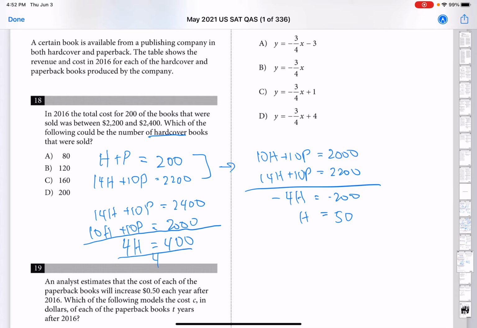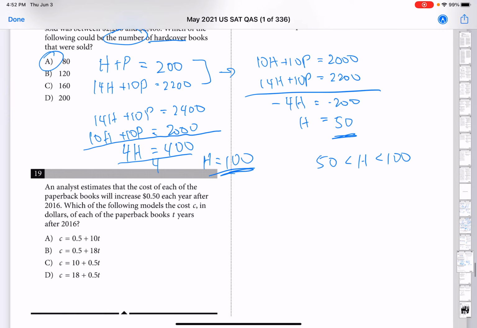So divide by 4, H is going to be equal to 100. So that means we're looking for a range of hardcovers from 50 to 100. So it'll be 50 is less than H, which is less than or equal to 100. So the only number that fits that would be A for number 18. Sorry, not the cost, the number of hardcover books that were sold.